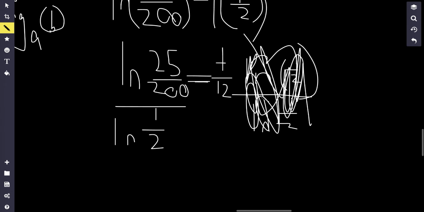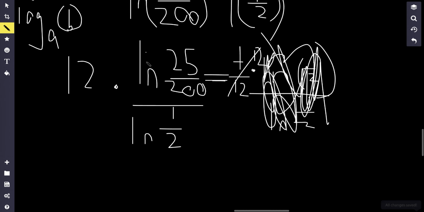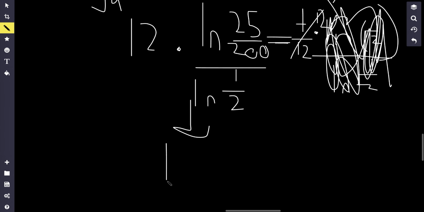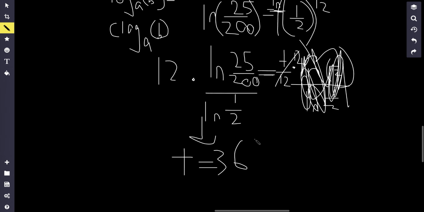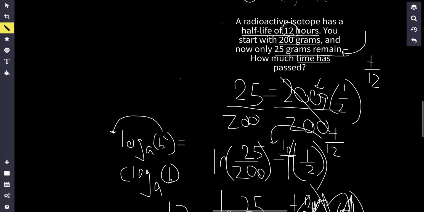Then I multiply both sides by 12. So t is equal to 12 times ln of 25 over 200 divided by ln of 1/2. And I get that t is equal to 36. We're solving for time, so it has to be 36 hours in the context of our problem.